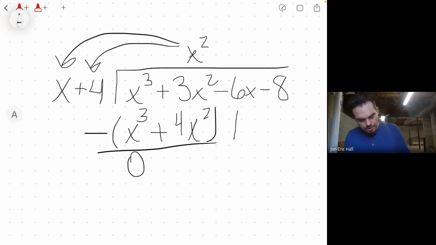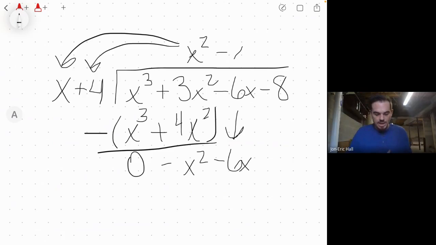Then we bring down that negative 6x after we say what's 3 minus 4, and that's a negative x squared. Now we say what multiplies x to get a negative x squared, and that's a negative x. X times negative x is negative x squared. X times negative x times 4 is a negative 4x.